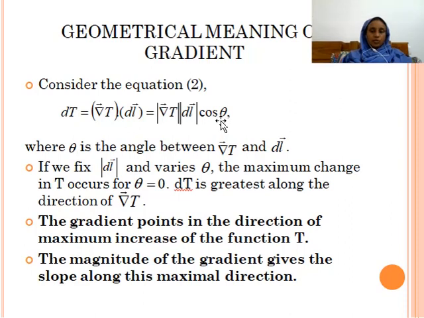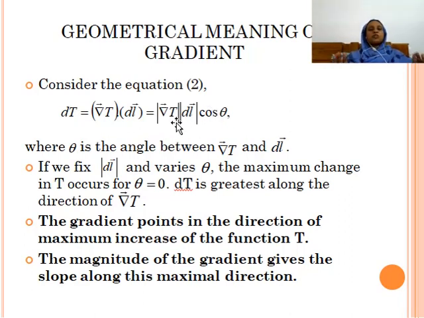If gradient T and the displacement vector are both in the same direction, then only you get theta equal to 0. So dT is greatest along the direction of gradient T.